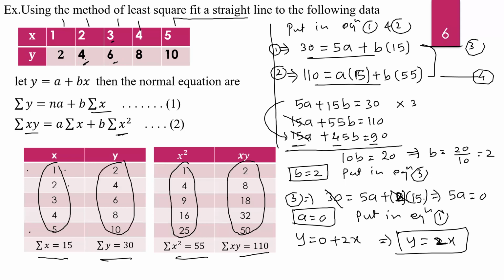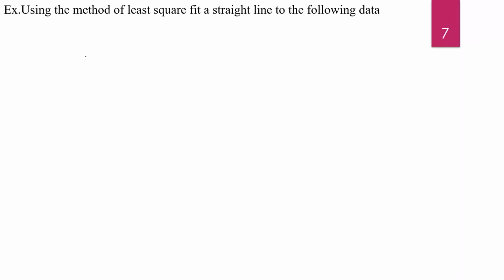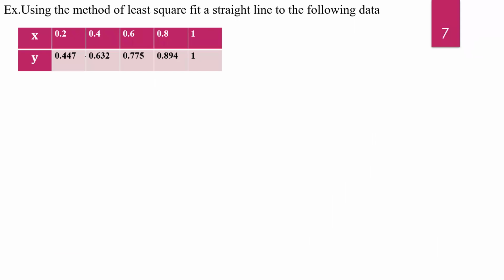Now let us take the second example. Using the method of least squares, fit a straight line to the following data. Now the question is for the straight line. So first we write the linear equation, that is y is equal to a plus bx.